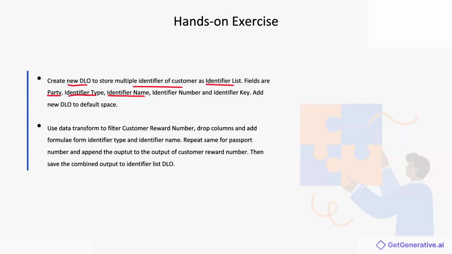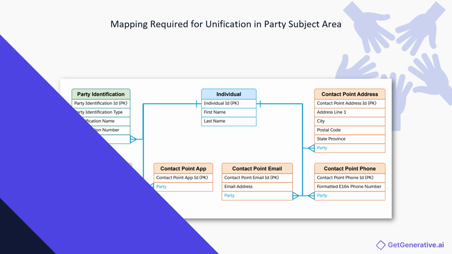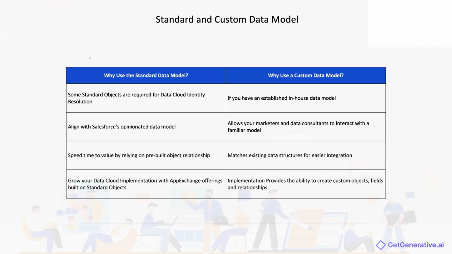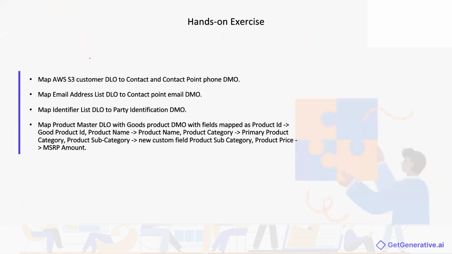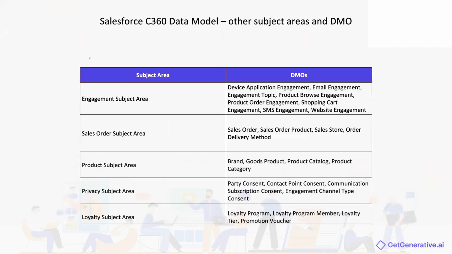The next thing we are going to do is continue with the data modeling. We have to perform a hands-on to map the data models of AWS customers and Salesforce CRM contacts, and then learn a bit more about the Customer 360 data model, standard versus custom data models, hands-on exercise for AWS, data modeling best practices, and that's about it.